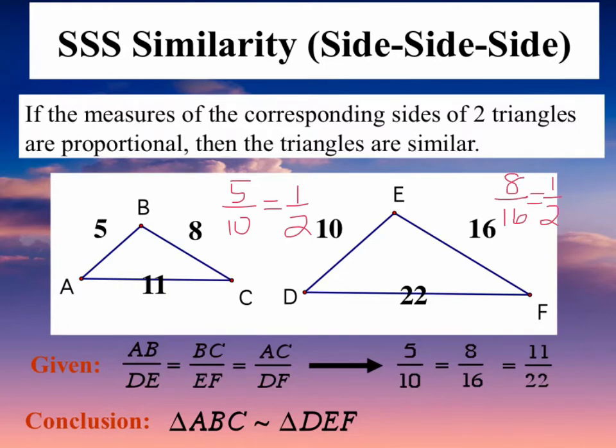And the same thing goes for side AC to DF, which is 11 over 22, and reduced will be 1/2. Because all sides are proportional, and I should write that right down here, equals 1/2, then our conclusion is to say that triangle ABC is similar to triangle DEF by side-side-side similarity.